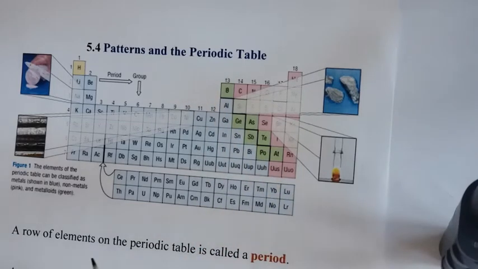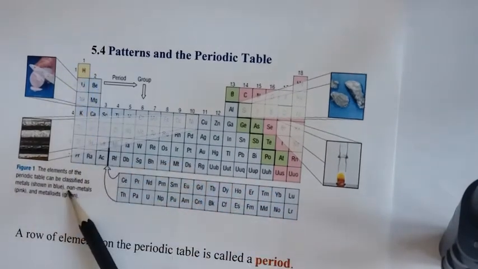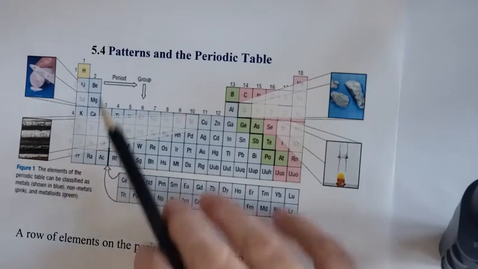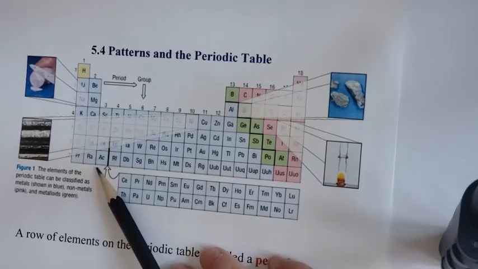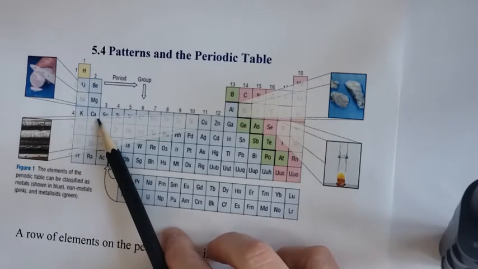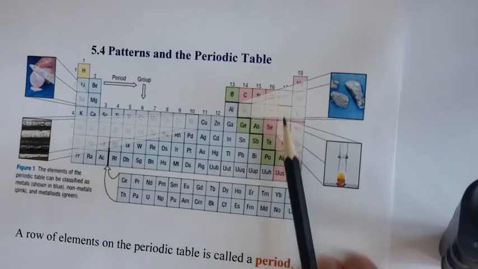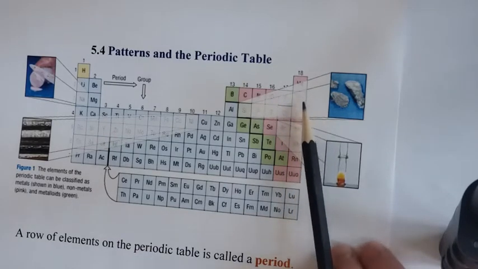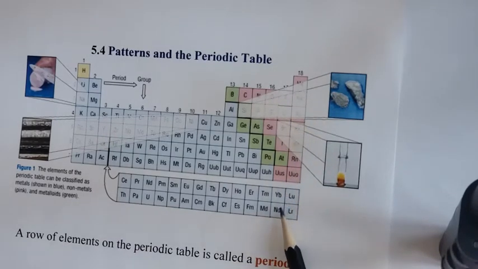So a couple things to review. The first column is the alkali metals, extremely reactive. The second column, alkaline earth metals, they are reactive but not as crazy. They'll just bubble a little bit like the magnesium and the calcium. The halogens, they are salt formers. They're very reactive as well, very, very toxic.